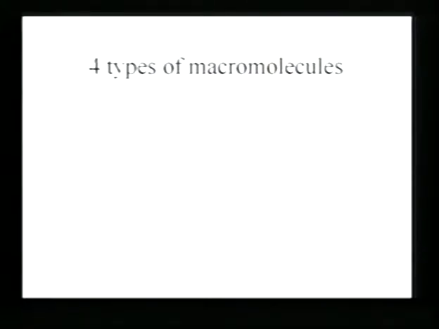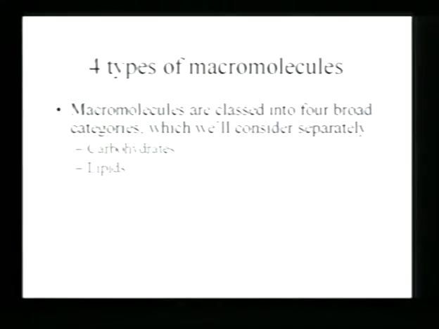Okay, four types of macromolecules that we have in cells, and we'll look at each one separately. Carbohydrates, which are made basically of simple sugars. Lipids, various fats and other hydrophobic molecules that our cells use to make membranes and to store energy.